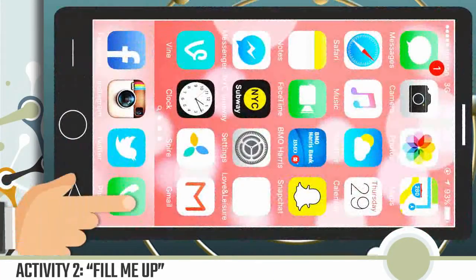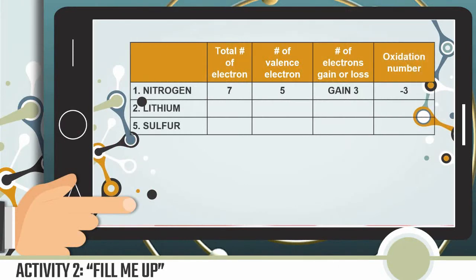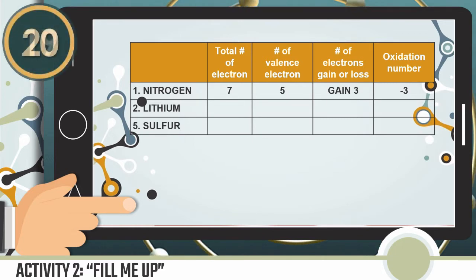Let's pause for a moment, for we are going to answer the second activity entitled Fill Me Up. In 20 seconds, complete the table by filling in the needed data. Timer starts now.